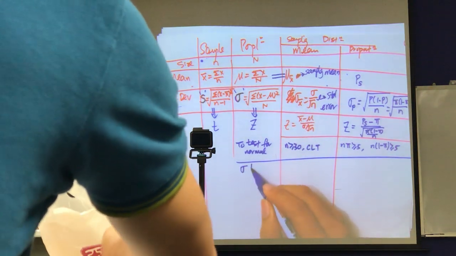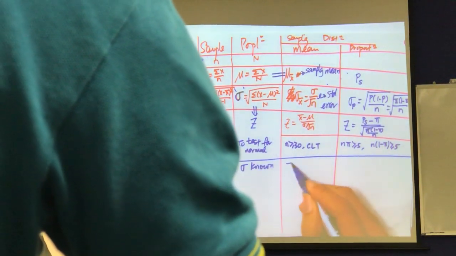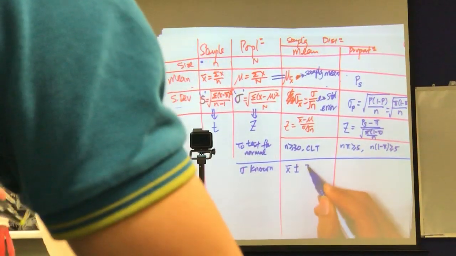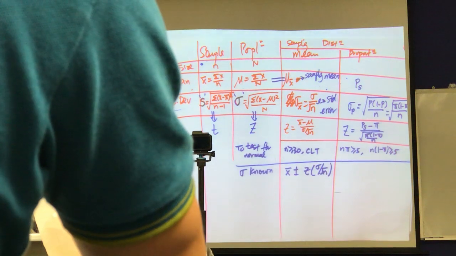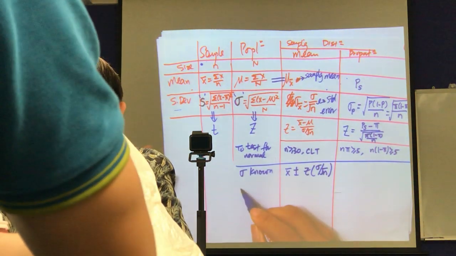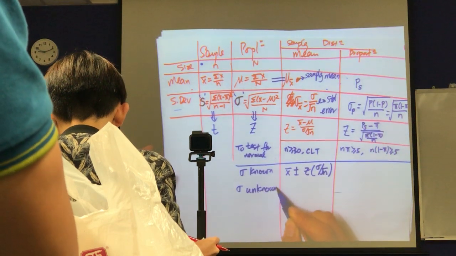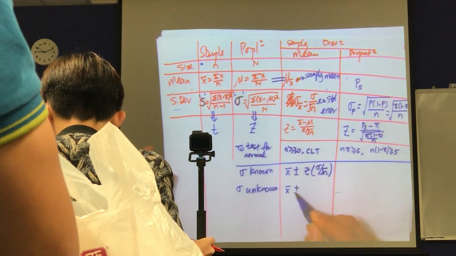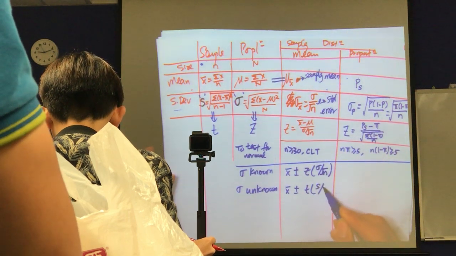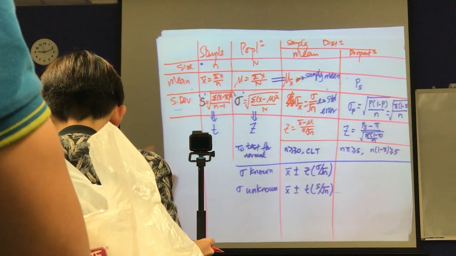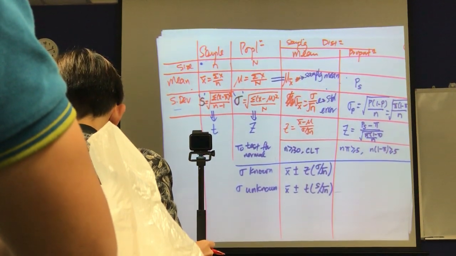Sigma known, what do you use? You use x bar plus minus Z sigma over square root of n. When sigma is unknown, use x bar plus minus t, s over square root of n. So this is when sigma is known or sigma is unknown.